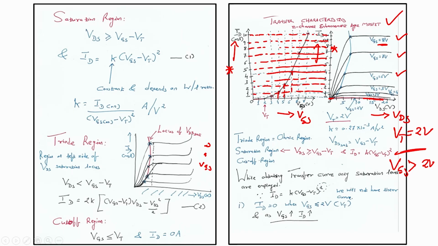I have joined the current axis because both y axes are ID. This is easy. Now, what I have to do is just find out the voltage. For VGS equals 3 volts, somewhere here. For VGS equals 4 volts, somewhere here. 6 volts here, 8 volts here, 9 volts here or 7 volts here. Now, I have to just join lines like this, see.